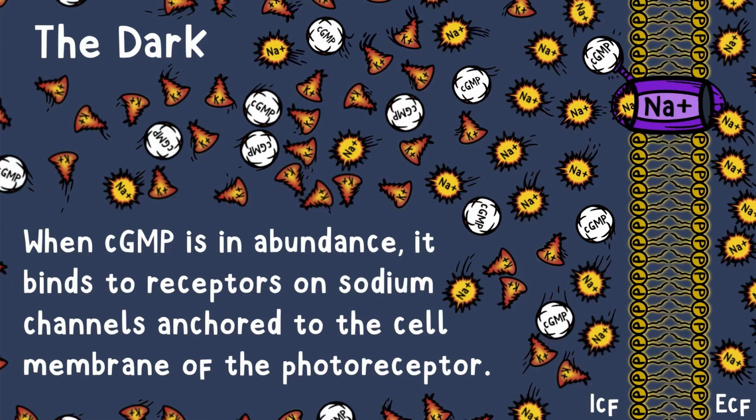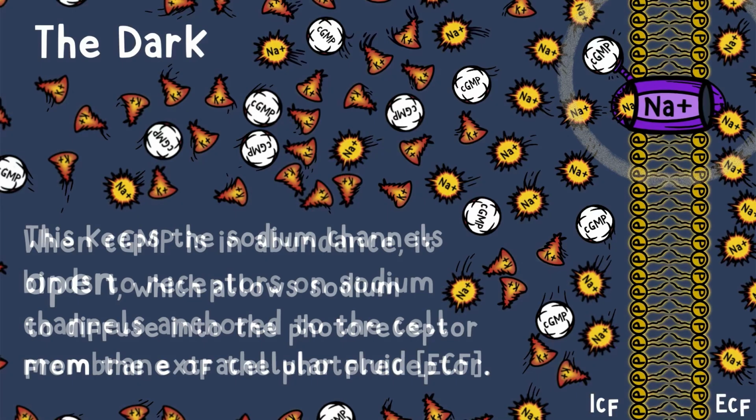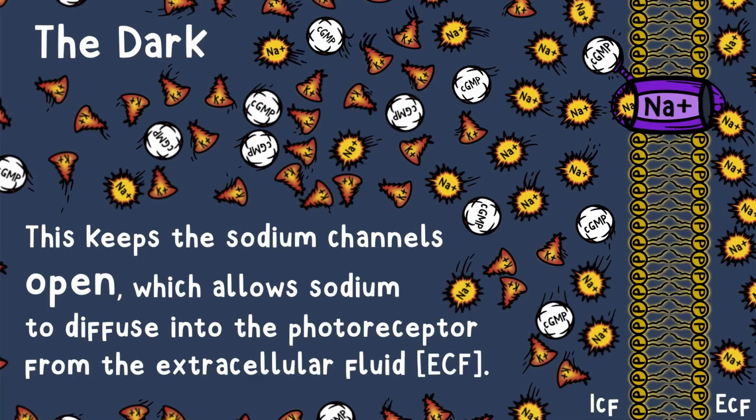When cyclic GMP is in abundance, it binds to receptors on sodium channels anchored to the cell membrane of the photoreceptor. This keeps the sodium channels open, which allows sodium ions to diffuse into the photoreceptor from the extracellular fluid.